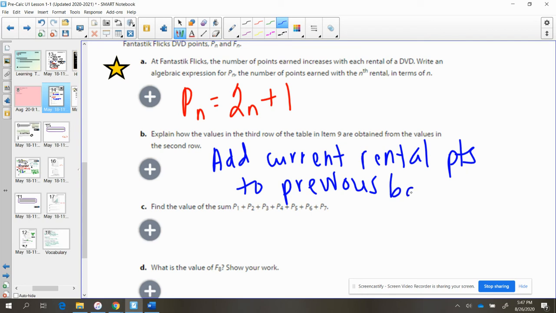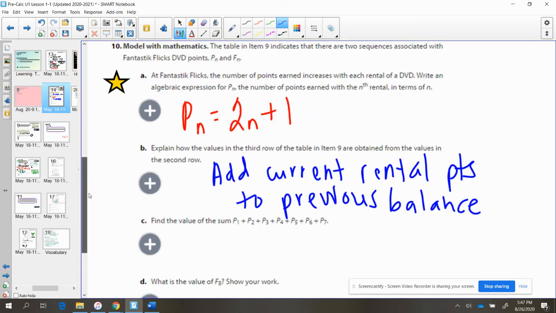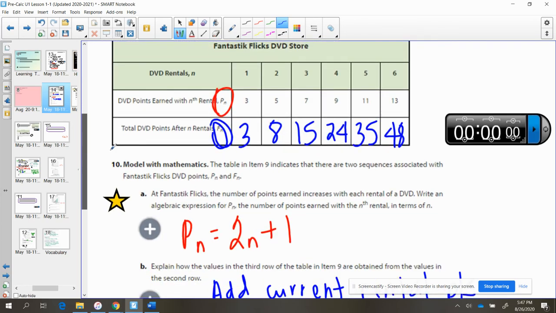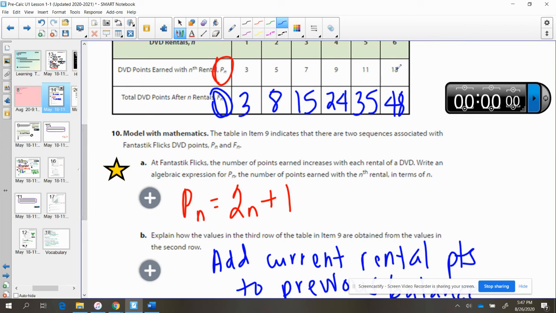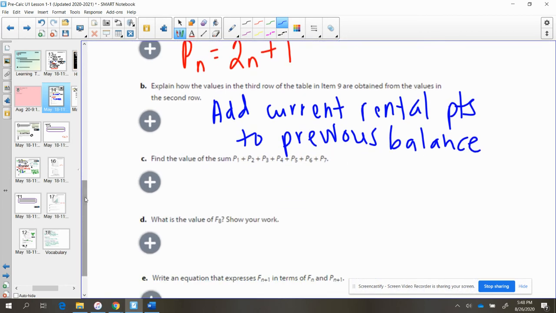So in order to get the sum in our account after 7 rentals, we would have to add all of these points together, aka we would also have to add on a 15 here for a total value of 63 points for part C here.